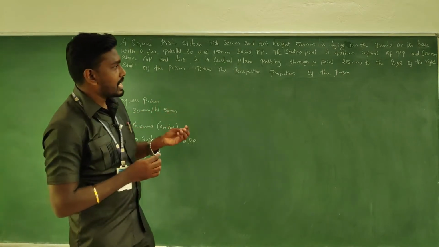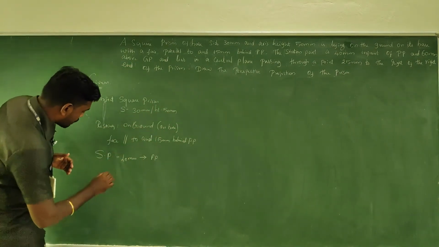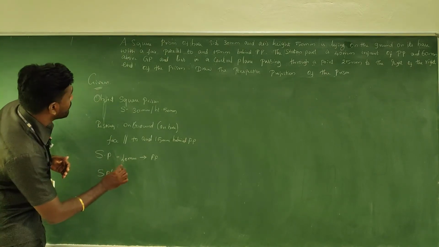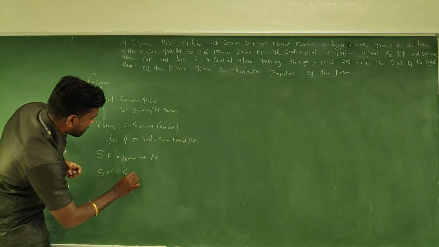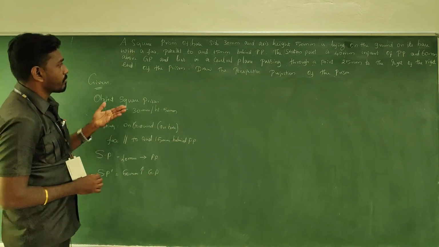Okay, the station point is given, first the station point which is 40 mm in front of PP, and then 60 mm above GP. So it is for the ground plane. So I am going to take this as SP dash, station point dash, which is 60 mm above GP, ground plane.